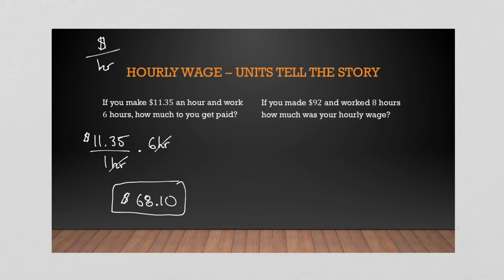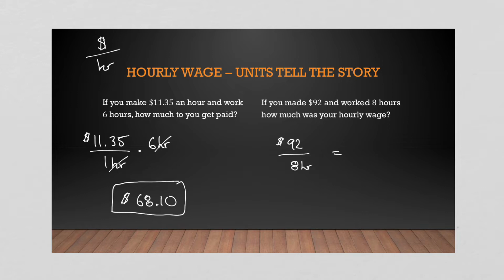Now, here's where the units come in handy. If you made $92 and you worked 8 hours, well, yeah, that's $92 per 8 hours, but you want to know per 1 hour. So how do you get that? Well, you just do this division, because essentially if you divide that by 8, you divide that by 8, that's what you're going to be doing, right? It would give you 1 hour on the bottom. So do that division, 92 divided by 8.